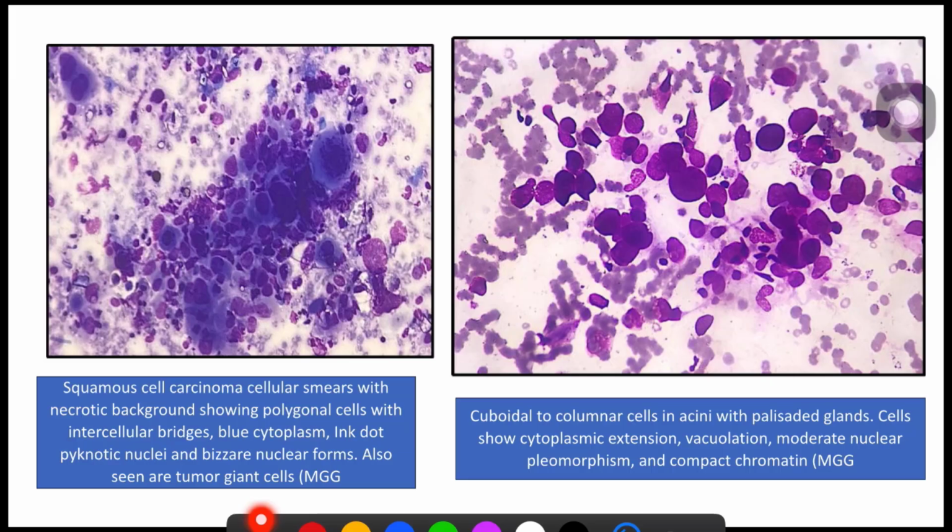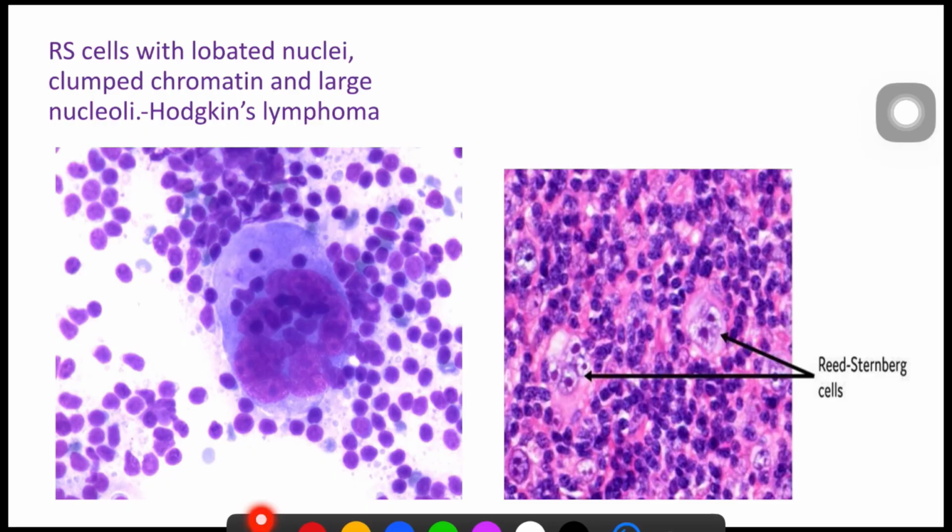These are the cuboidal to columnar cells with palisading appearance, and some of the cells having nuclear pleomorphism and compact chromatin. So, this is an adenocarcinoma metastasis to lymph node.